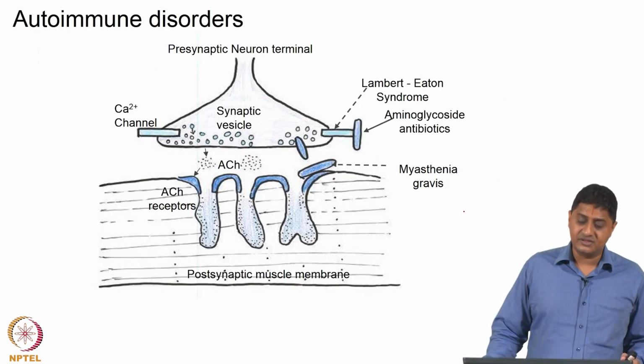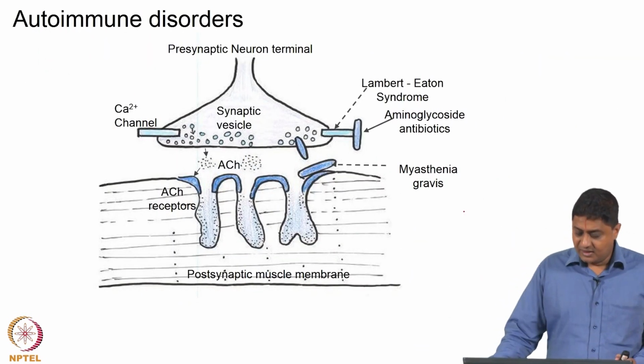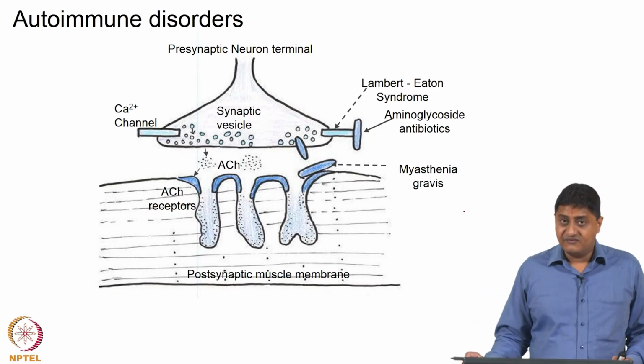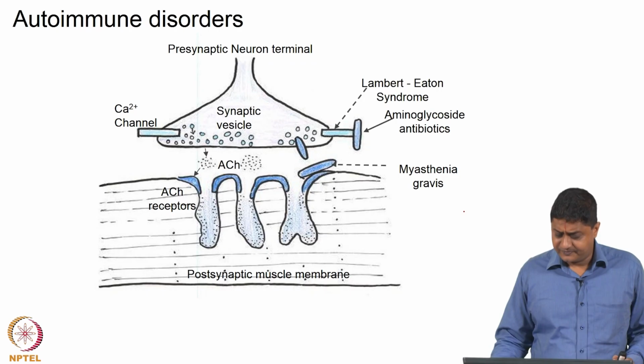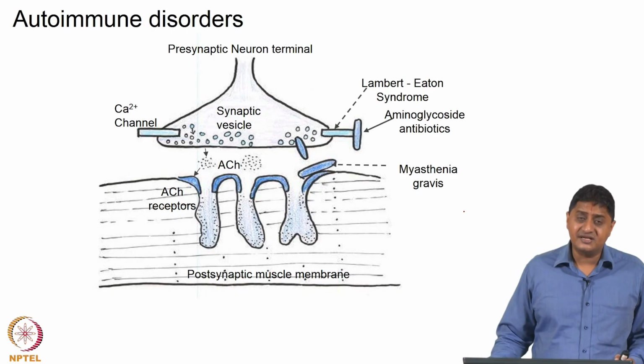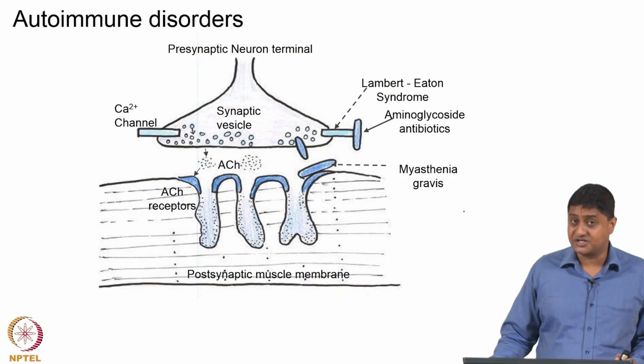First, we start out with autoimmune disorders. There are two specific cases that we will discuss in the context of the neuromuscular junction. One is, for whatever reason, the immune system wrongly labels the voltage-gated calcium channels at the presynaptic terminal as an invader, as an outsider.